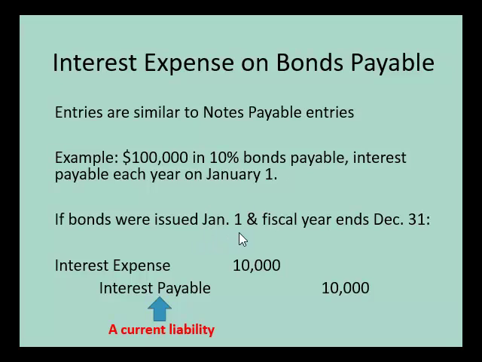So if the bonds were issued January 1st and the fiscal year ends December 31st, a full year will have gone by, and the company will need to debit interest expense and credit interest payable to recognize the interest expense incurred in this fiscal year. Because remember, the interest isn't being paid until January 1st of next year, so we have to be sure to accrue this interest expense in this fiscal year.